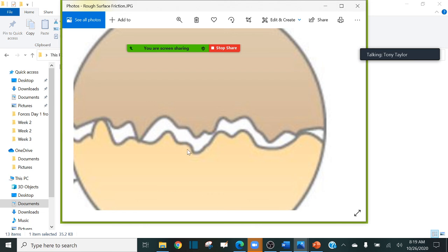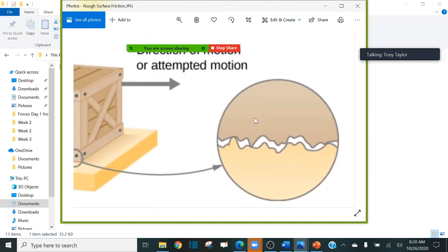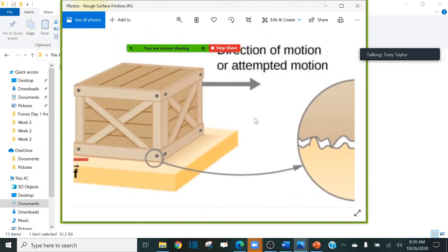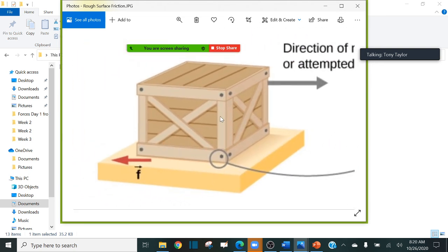So if objects attempt to slide across one another, there's some sort of frictional force involved. But again, the smoother the surface, the less the friction. The frictional force depends upon the roughness of the object's surface, and since ice is pretty much smooth for the most part, ice has very little friction.